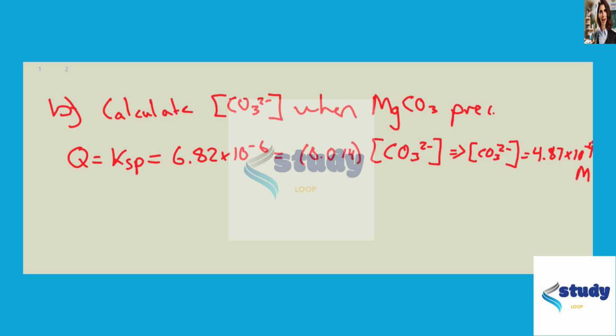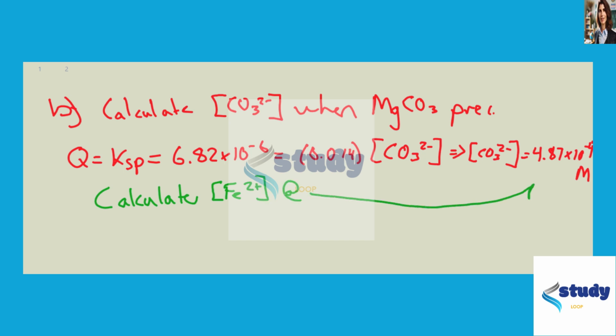So what we need now to do is to calculate iron concentration at this concentration of carbonate. So we set Q equal to KSP, this time the KSP for iron carbonate.